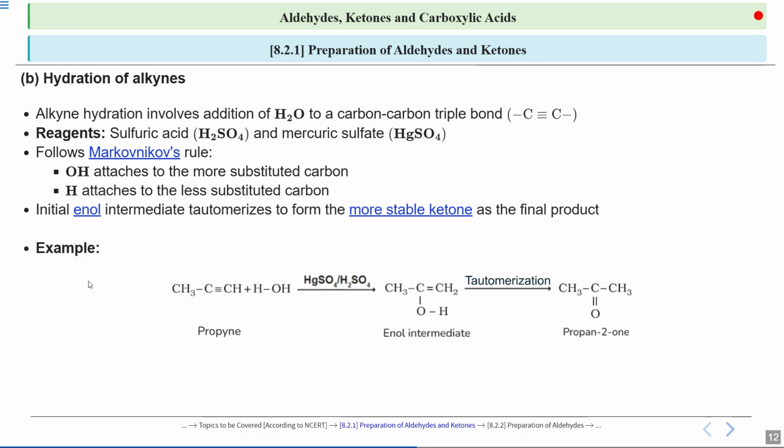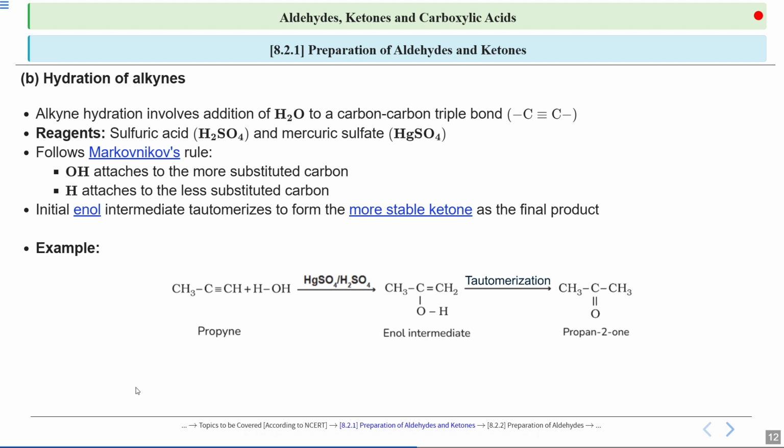So look at this particular example. You have propyne, which is an alkyne, because there is a triple bond. When you treat it with sulfuric acid and mercuric sulfate, you get an enol intermediate.